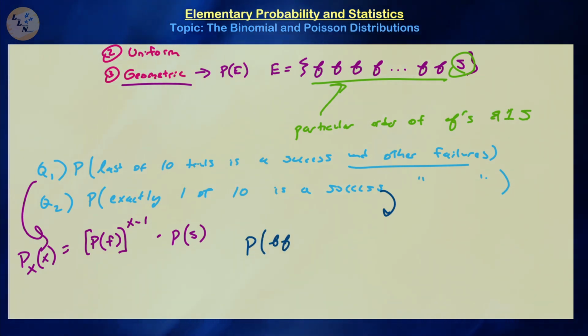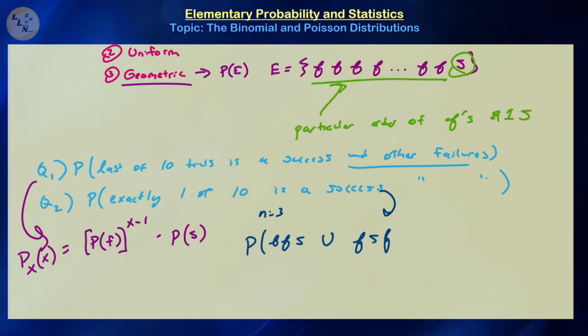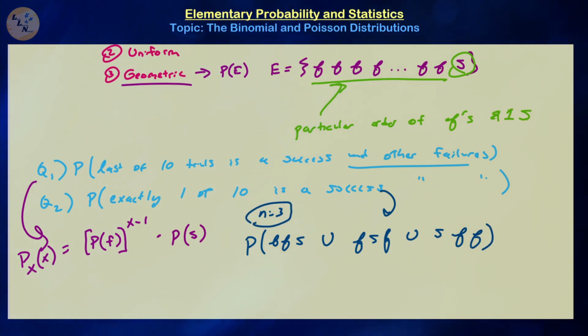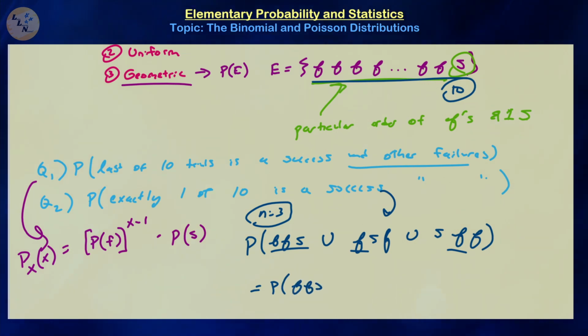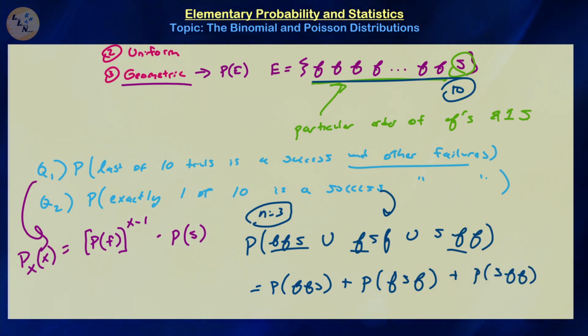So in terms of this other one, we're interested in, for example, let's just do 3 trials: either failure, failure, success, or failure, success, failure, or success, failure, failure. That would be the n equals 3 case, not necessarily the n equals 10 case. Notice that these events are mutually exclusive, so that's the probability of failure, failure, success, plus the probability of failure, success, failure, plus the probability of success, failure, failure.